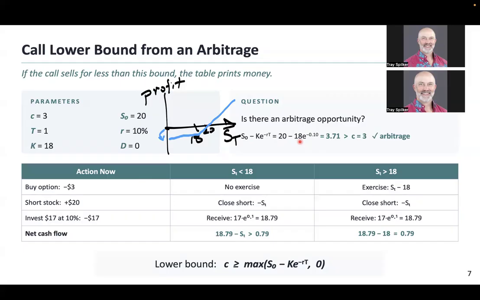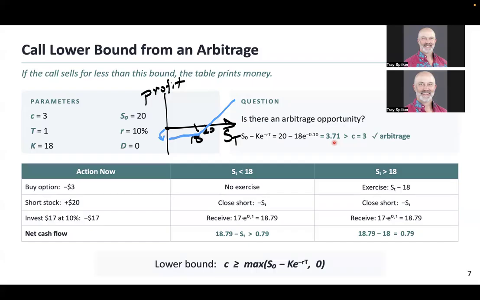So it's not just S minus K, it's the present value of K, right? And when we plug that in, we see that the theoretical value for this particular call option should be $3.71, but it's trading in the market at $3. So it must be the case that we have an arbitrage opportunity here.